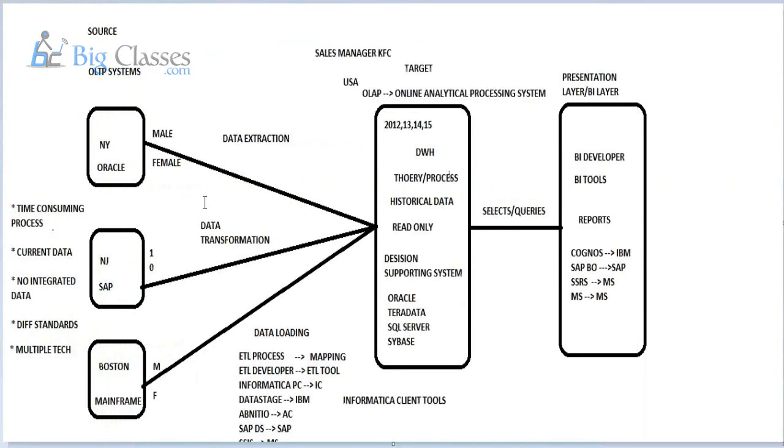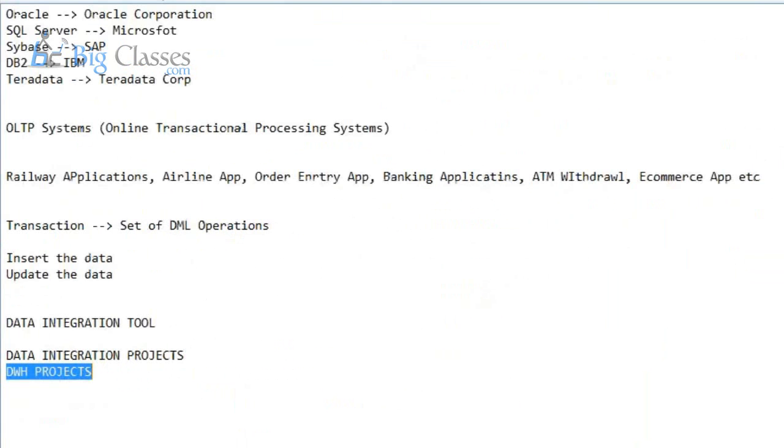It's nothing but moving the data from multiple OLTPs into a single database, which is useful for analysis of the business. So Informatica PowerCenter is basically used in two kinds of projects: one is data integration, another is data warehouse projects.